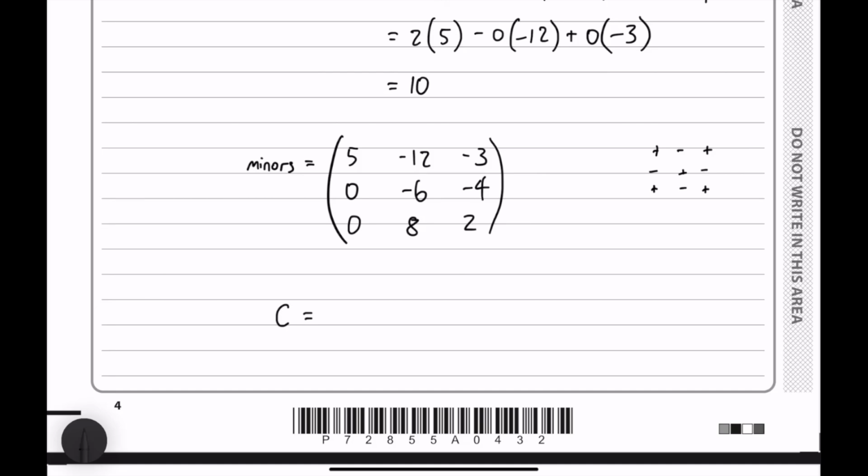So those with the plus stay the same, and those with the negative change. We've got 5, minus 6, 2, minus 3, 0, all stay the same. 12, 4, minus 8, and of course minus 0 is just 0.